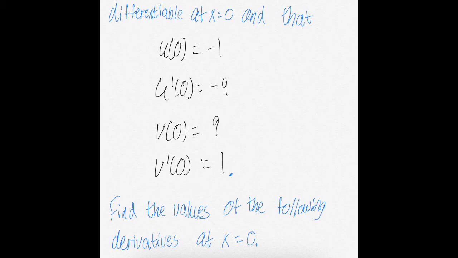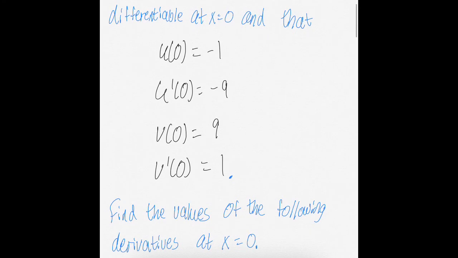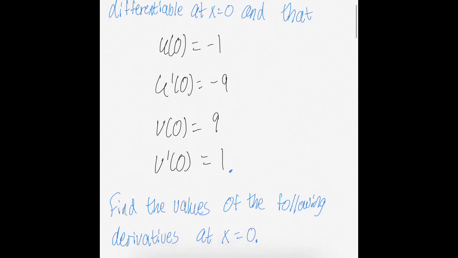So then we are going to find the values of the following derivatives at x equals 0. So 2 comments here. One comment is that it's very important that we are looking at x equals 0 here. All of the specific values which we're given are values at x equals 0, right?